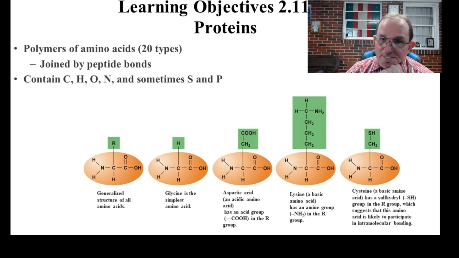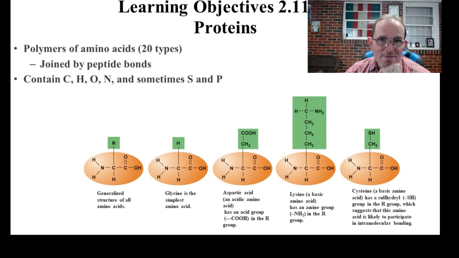The simplest amino acid is glycine, and that R group is nothing but a hydrogen. Aspartate, or aspartic acid, has a CH2 and then a COOH. Lysine has this 4-carbon chain that has an amine group. And cysteine, if you notice, this actually has sulfur in it.